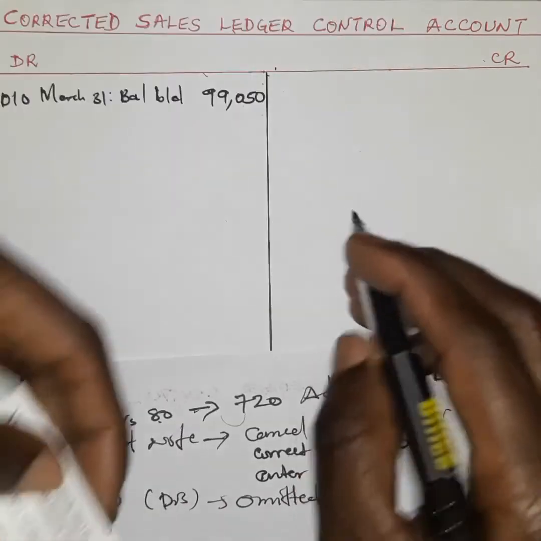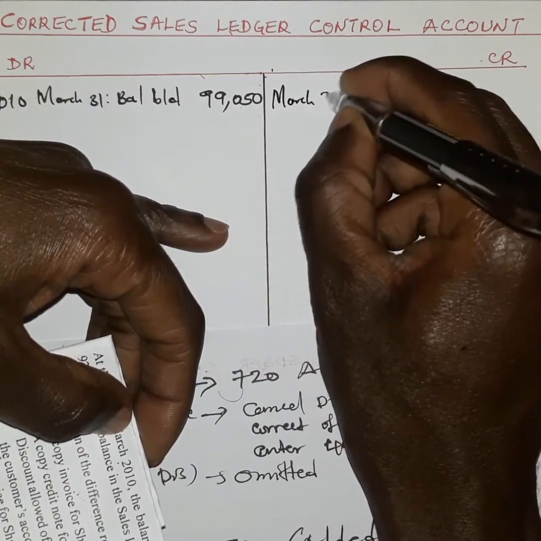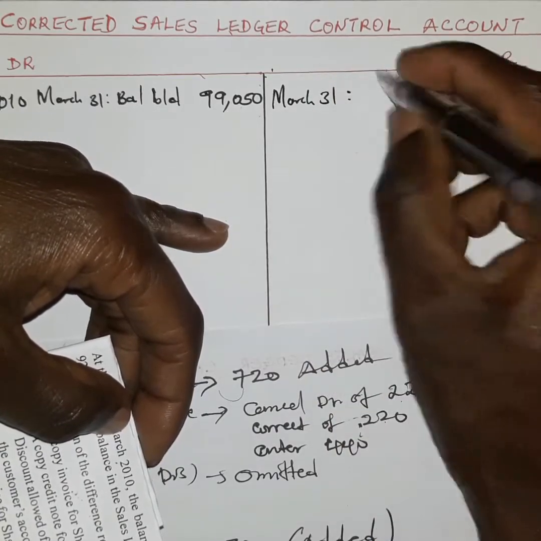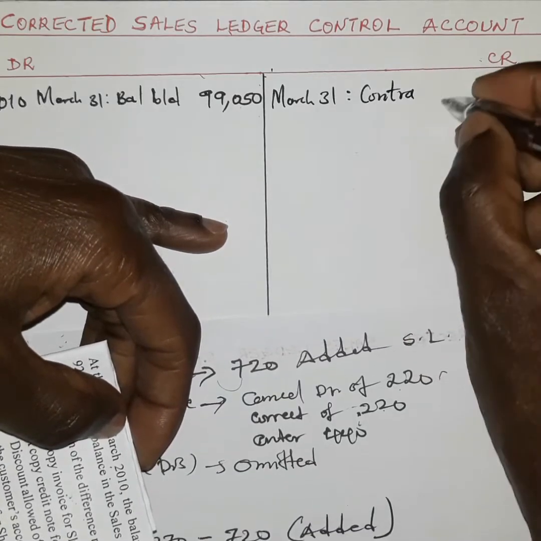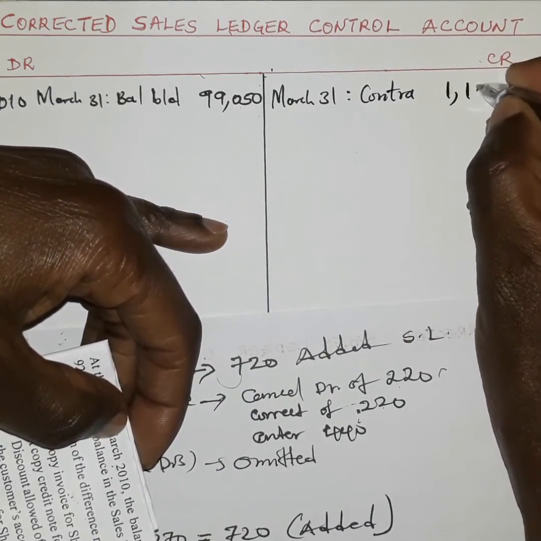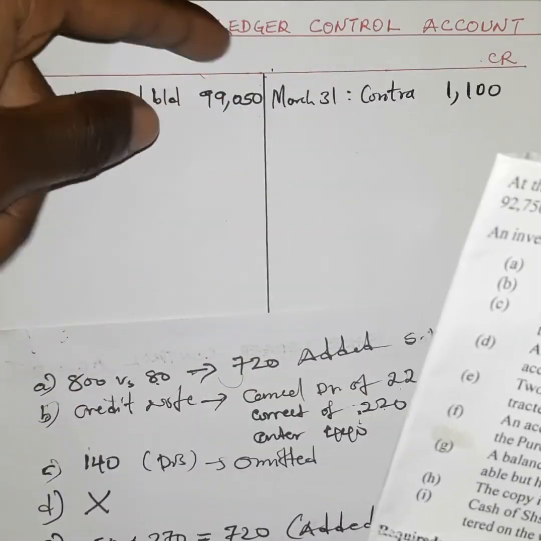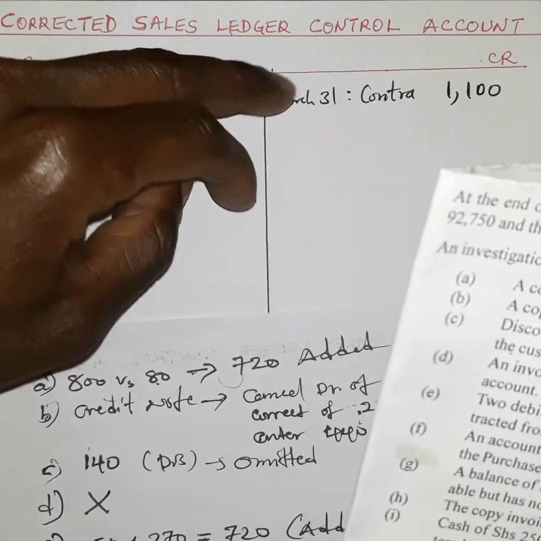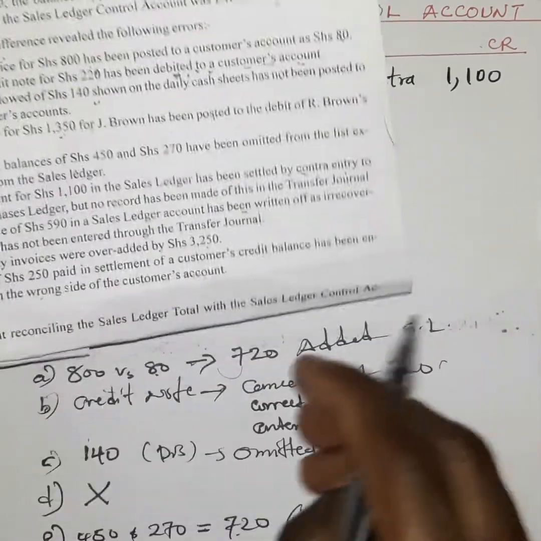So on March 31st, we should have a contra entry of an amount of 1,100 shillings, which is supposed to reduce the sales ledger as well as the sales ledger control account. They're supposed to be credited.